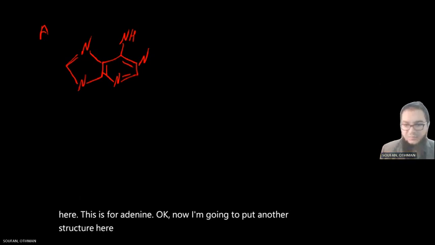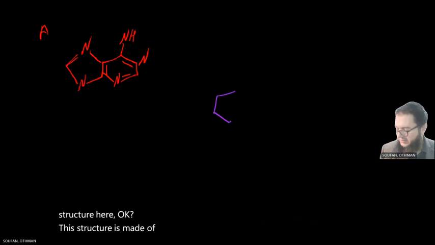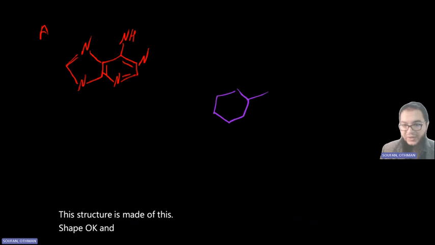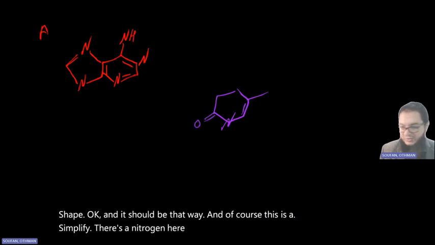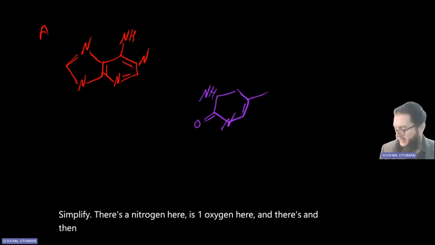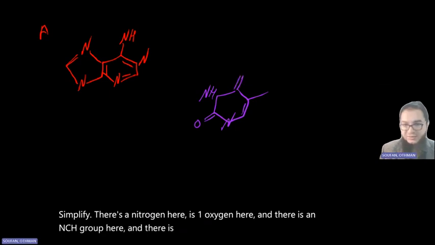Now I'm going to put another structure here. This structure is made of this shape, and of course this is simplified. There's a nitrogen here, one oxygen here, an NH group here, and an oxygen here.